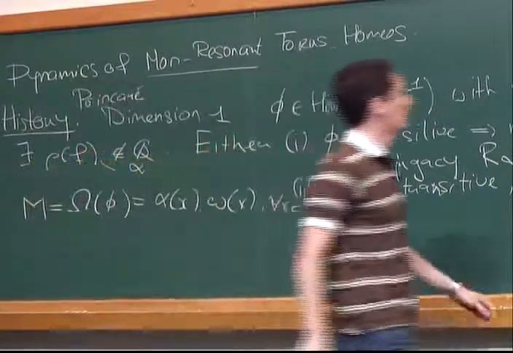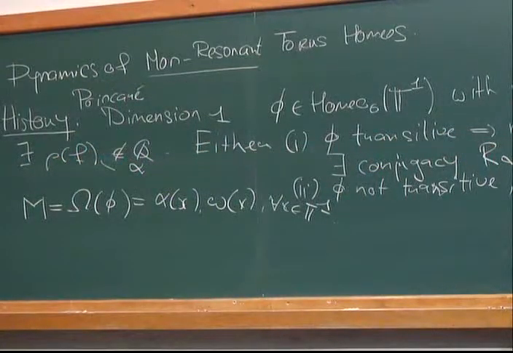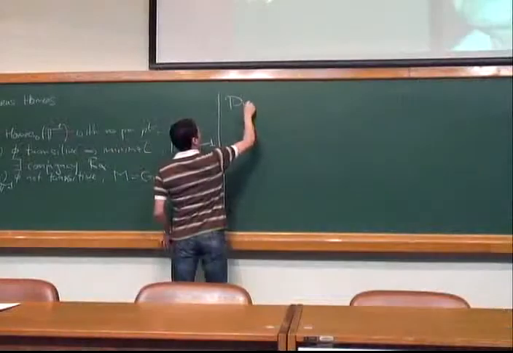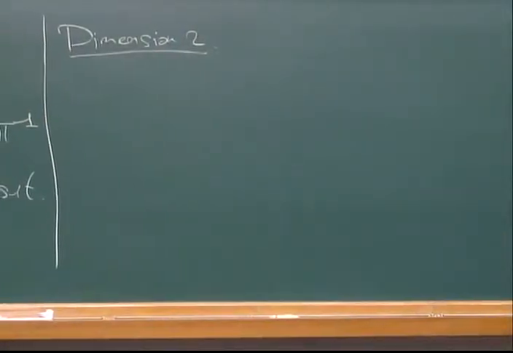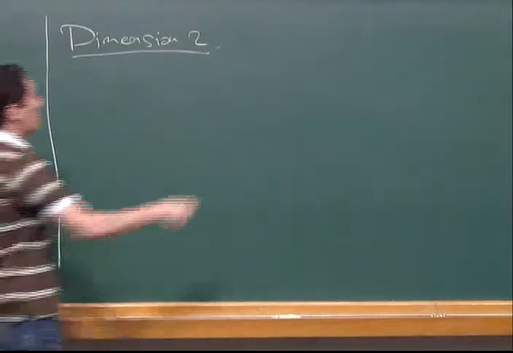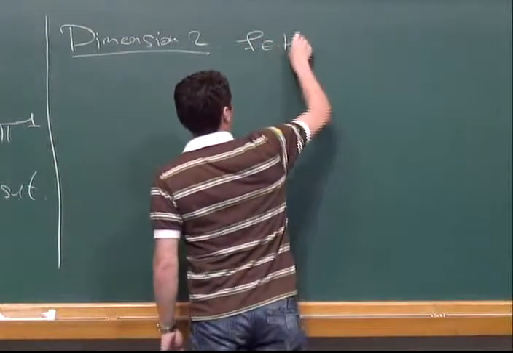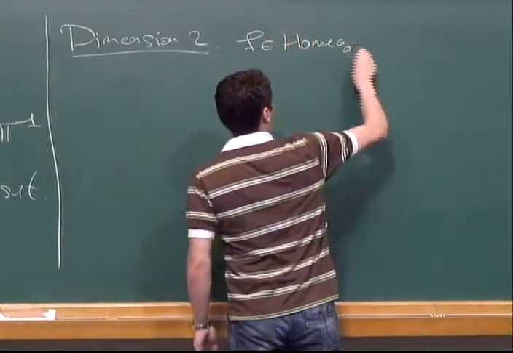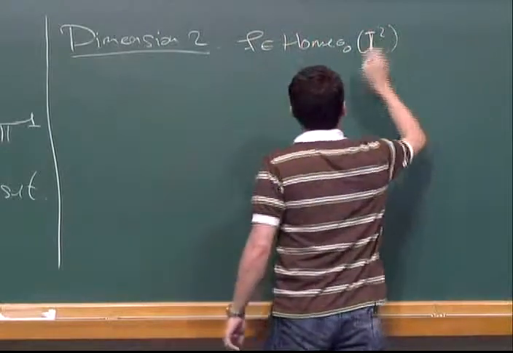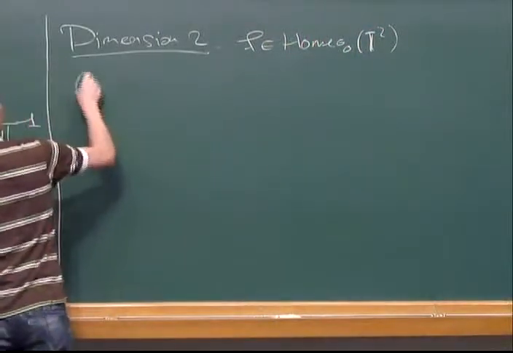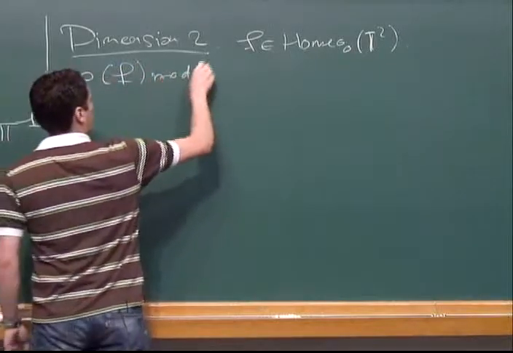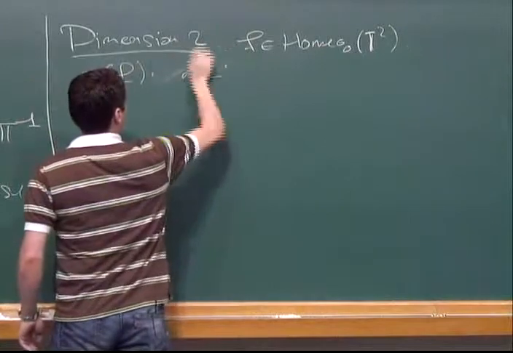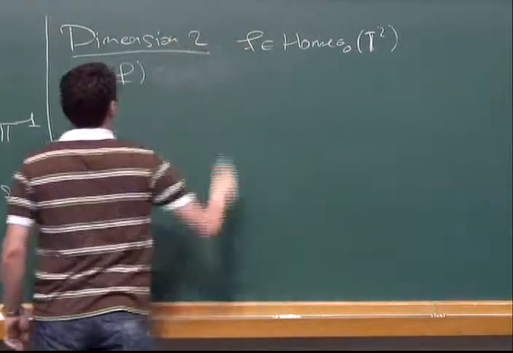So that's nice. Now what about dimension 2? Well, things get a bit difficult. Suppose I have a homeomorphism on the 2-torus, or just any homeomorphism isotopic to the identity of the 2-torus, and you can ask, what's the rotation set now? The rotation set is taken mod Z squared.